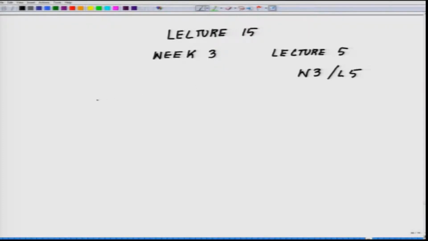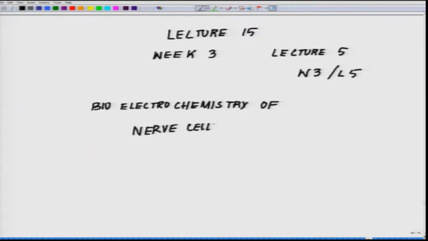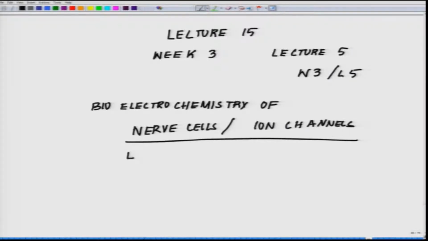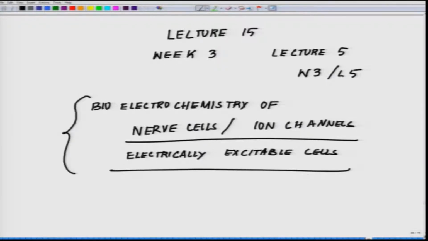And today what we are going to deal with is bioelectrochemistry of nerve cells / ion channels, or you can call it electrically excitable cells. Okay. So, this is what we are going to deal with.